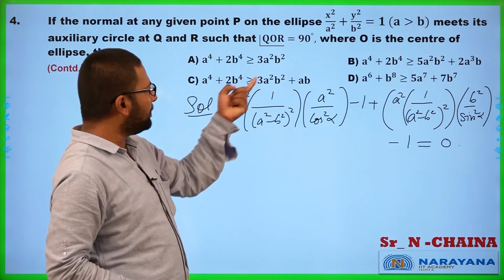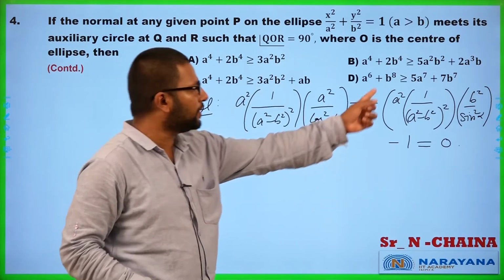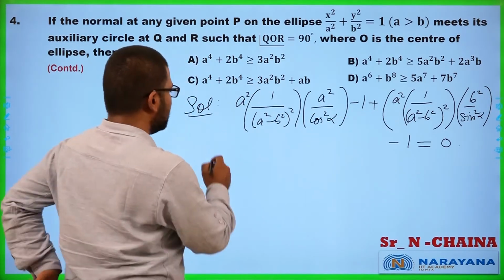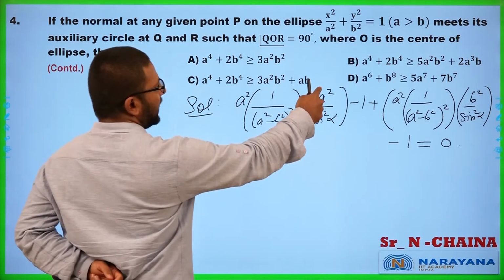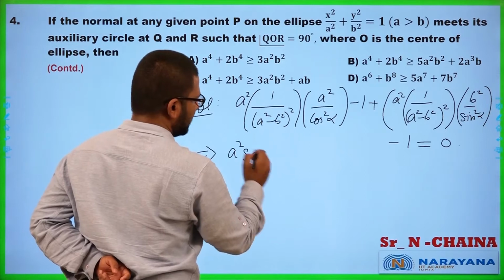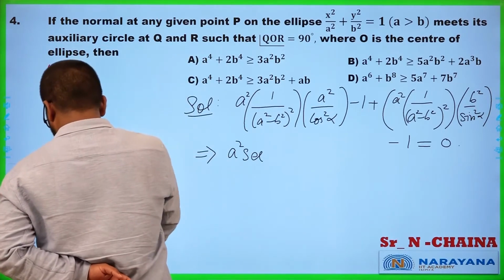There is a square upon a square minus b square the whole square common on both sides, take that also to the RHS. Okay, so then we will be left with a square by cos square alpha.